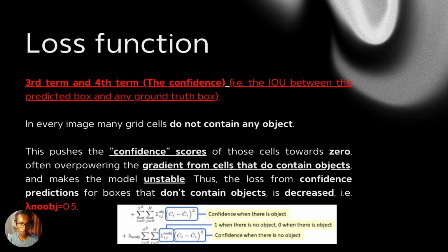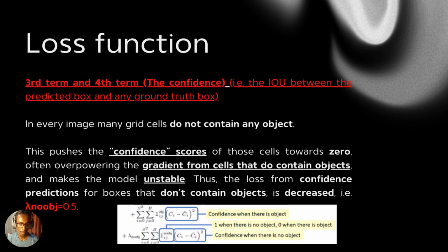And this pushes the confidence score of those cells towards 0, often overpowering the gradient from cells that do contain objects, and makes the model unstable. So the loss from confidence predictions for boxes that don't contain objects is decreased by using a lambda parameter.